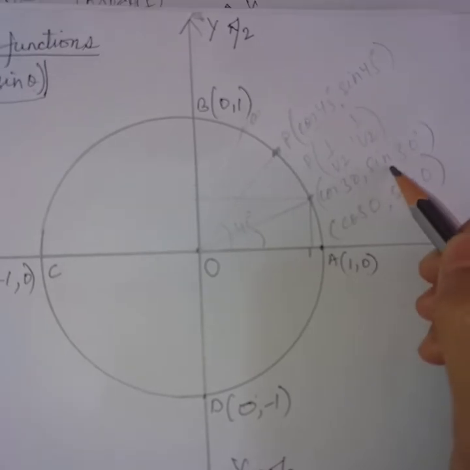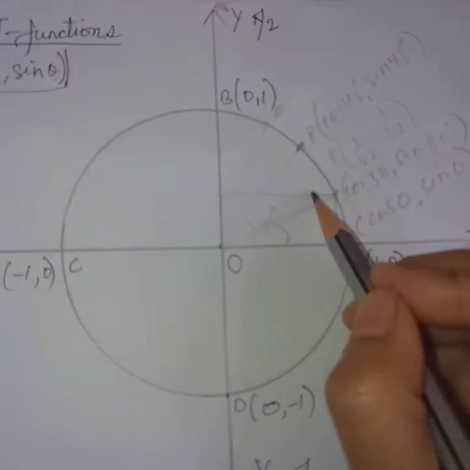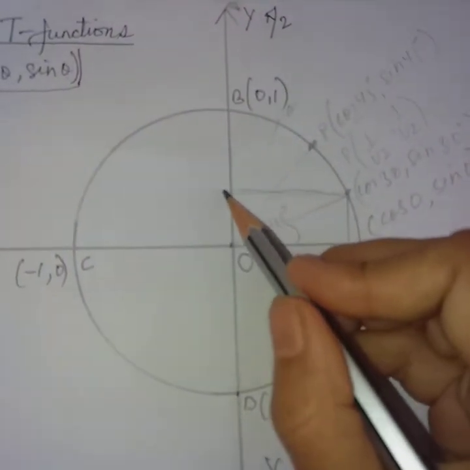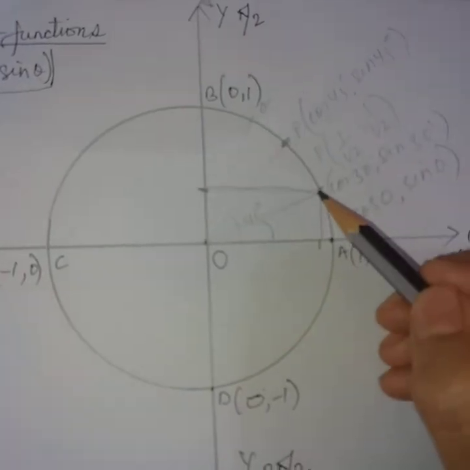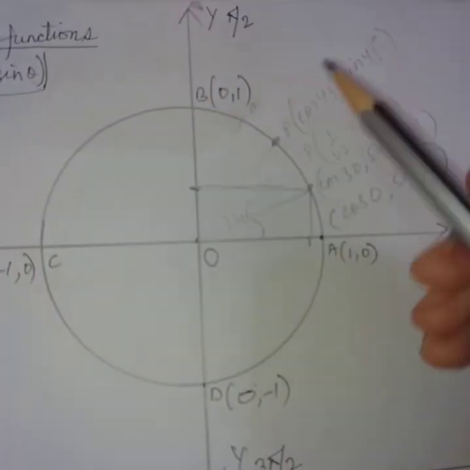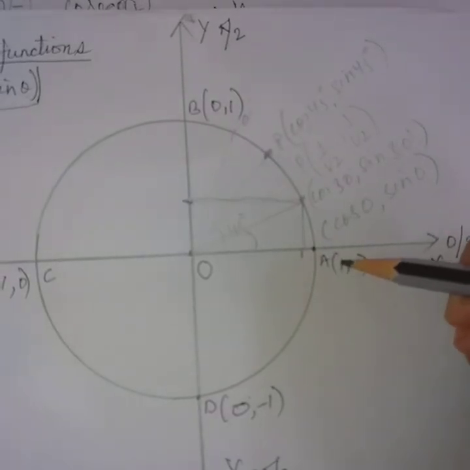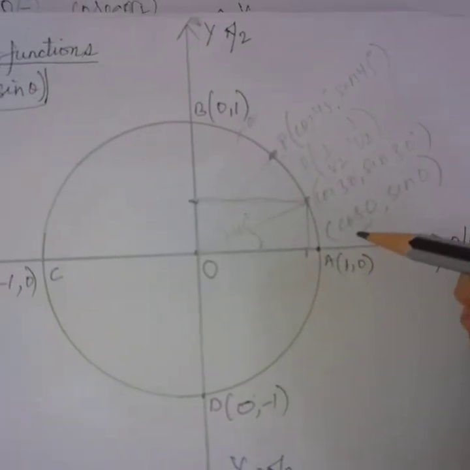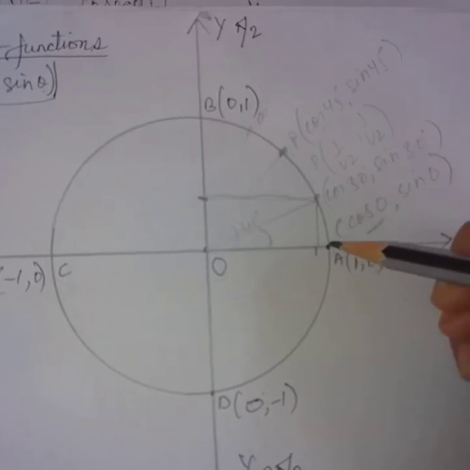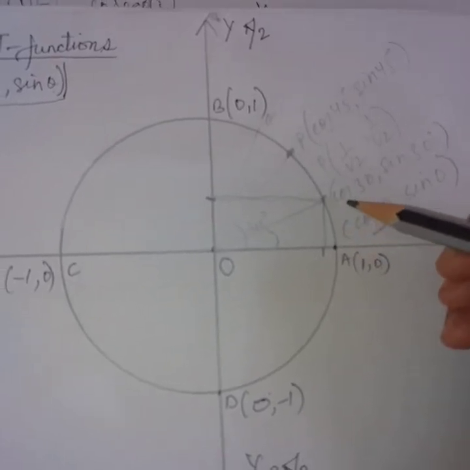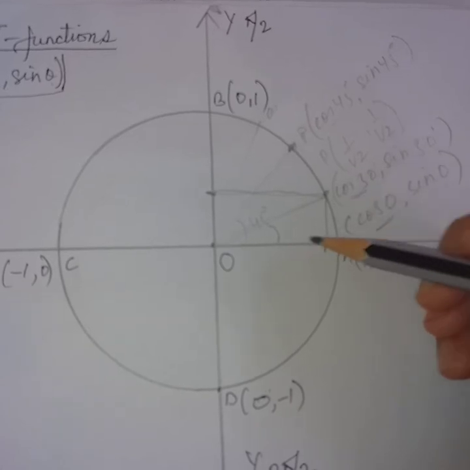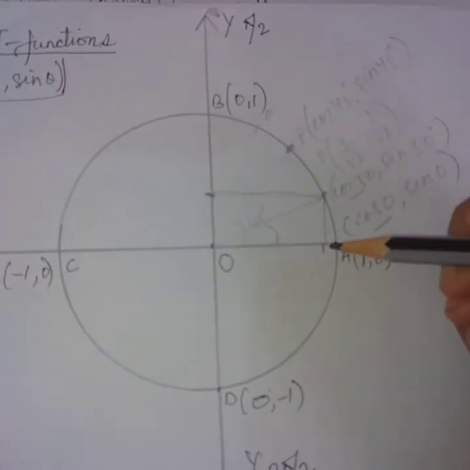And sin 30 is the y coordinate of this point, and this is also less than 1. In this way, at A the cos 0 was 1. Now as we move on, cos 30 becomes less than 1 and sin 30 is also some value, not 0.